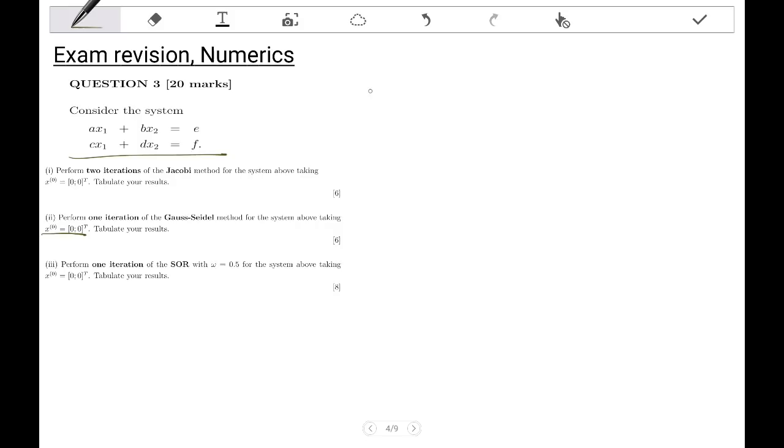0 and 0, then for x1, the iteration is not going to change. x1 is equal to W divided by a11 open bracket b1 minus a12 x2 of 0.